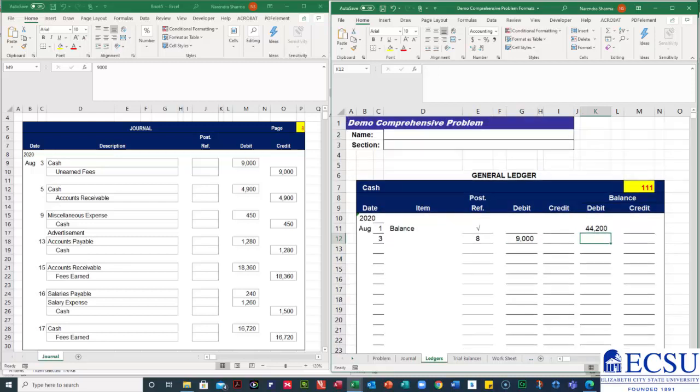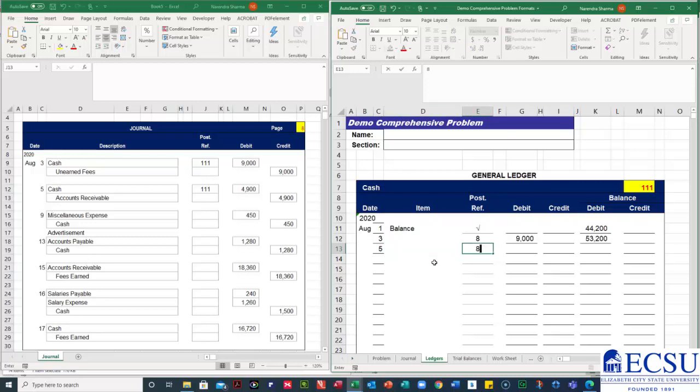Remember, if it is a debit and a debit, I'm going to add them up. So 44,200 plus 9,000 will be 53,200. So this is what I have just posted. I'm going to write here that I posted on the ledger folio of 111. So next, cash I have in the second journal entry, so I'm going to write here that is August 5.